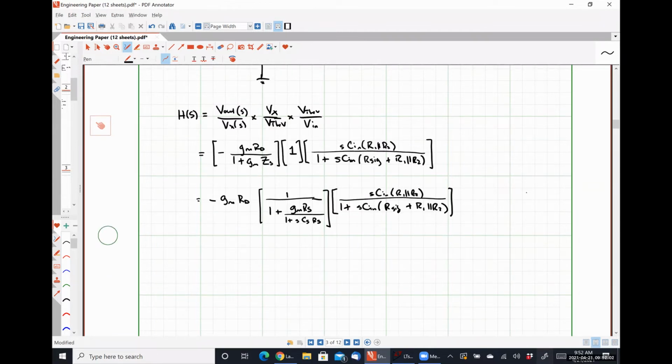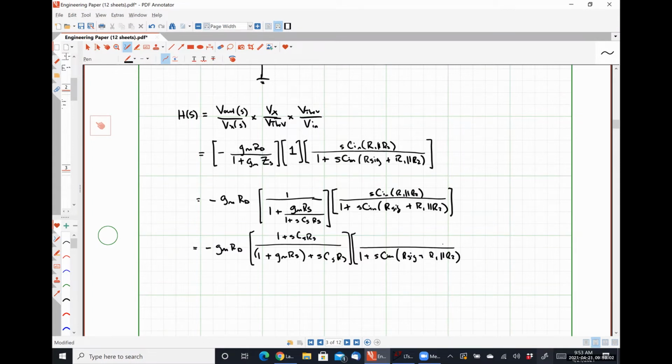And lastly, I'm going to multiply by a factor of 1 plus S CS RS in both the numerator and the denominator, which is going to give me negative gm RD times (1 plus gm RS plus S CS RS) and then 1 plus S CS RS up here, and then that same factor, 1 plus S Cn (R sig plus R1 in parallel with R2) over S Cn R1 in parallel with R2, like so.